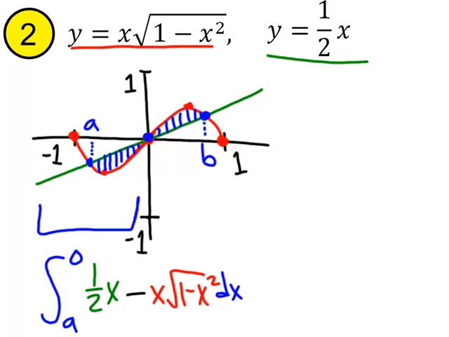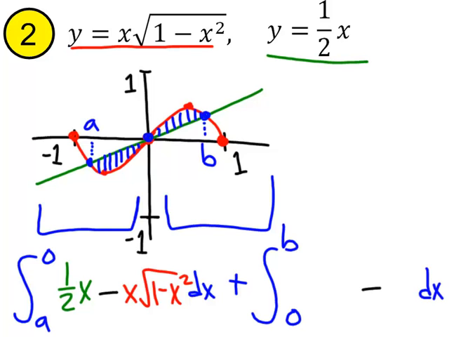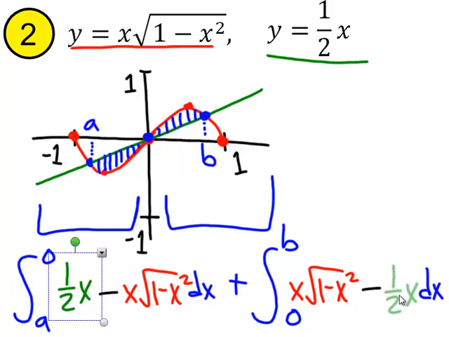And if we shift our attention to the other half, over here, we'll add that area. This time we'll go from an x value of 0 to an x value of b. But this time it's going to be red curve over the green curve. So for the integral, we'll put red equation minus green equation.